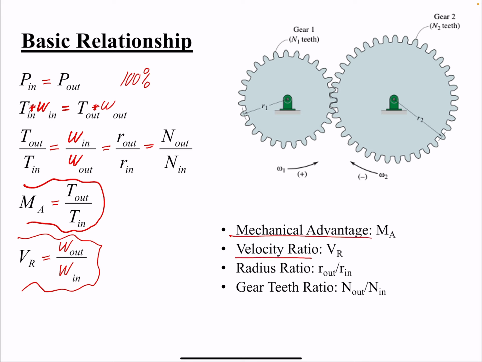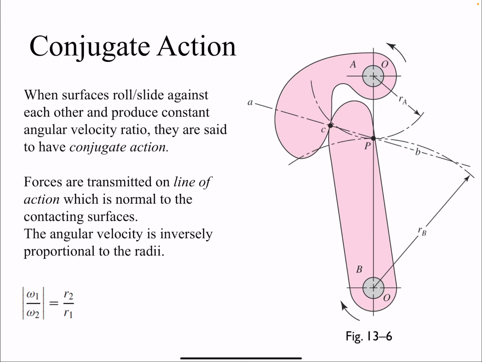fractions. And here you can see if one of them is counterclockwise, the other one would be clockwise. And when they're rotating, the speed is going to be the same at the point of contact, and the forces would be the same. We call this a conjugate action when we have rolling at the point of contact.